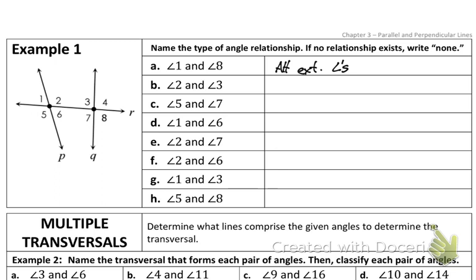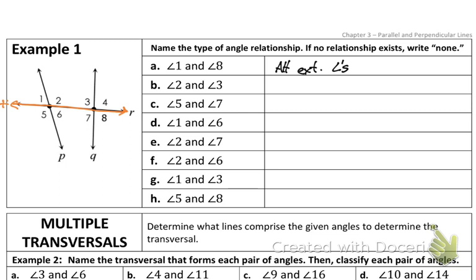But anyway, so if I look at 2 and 3, first of all, it's always a good idea to locate your transversal so you know if things are on the same side. Your transversal this time is this one. It's going the opposite direction. That is our transversal. So if I look at 2 and 3, those are on the same side of the transversal because they're both above the transversal.